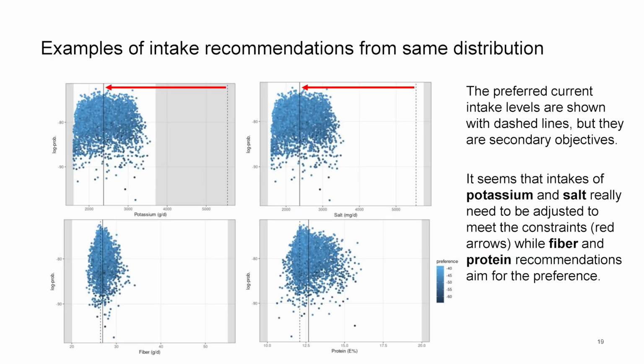And finally, here are some intake recommendations that we end up with. On the top row, you can see the dashed line is the current intake, and it's really higher than it should be for this patient to have healthy concentrations.